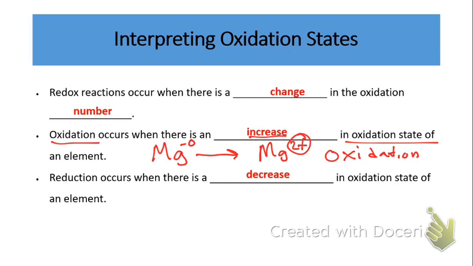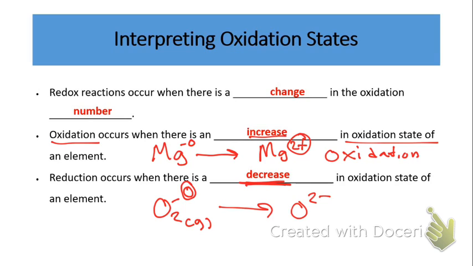Oxygen, in our same problem, O2, went to oxide, -2 charge. Because oxygen's original oxidation number is 0, since it's in its elemental state, it goes from 0 to -2. So the oxidation state has decreased.